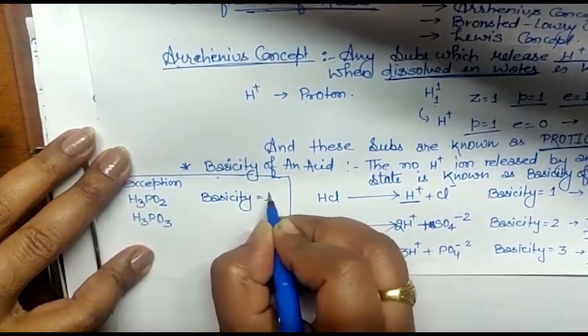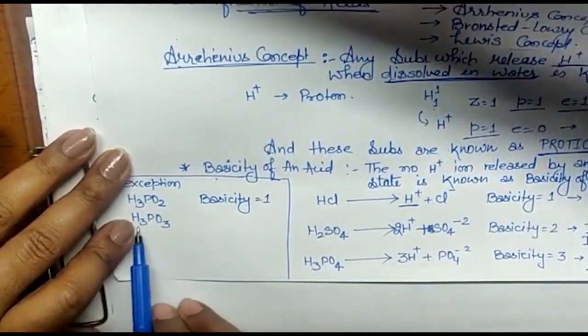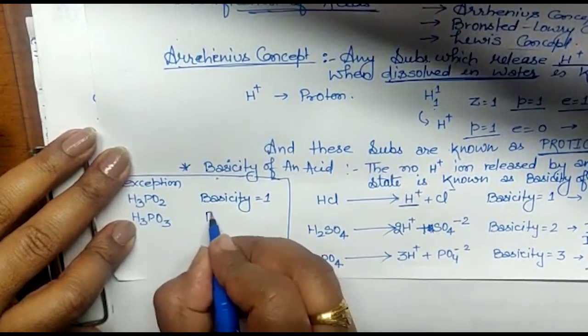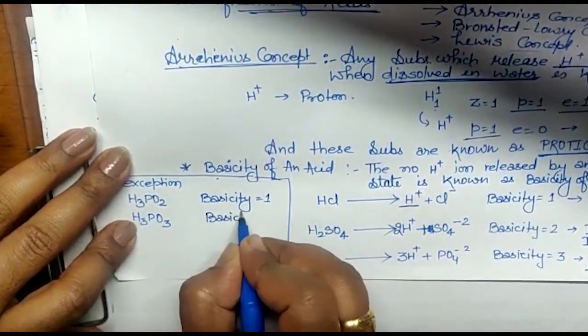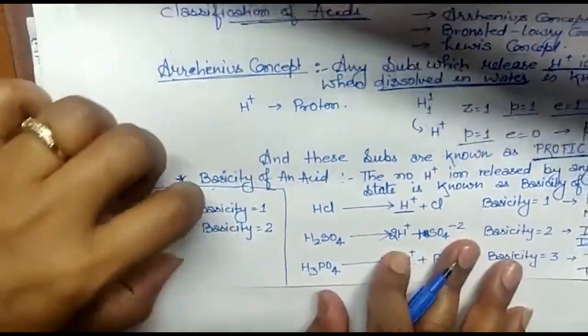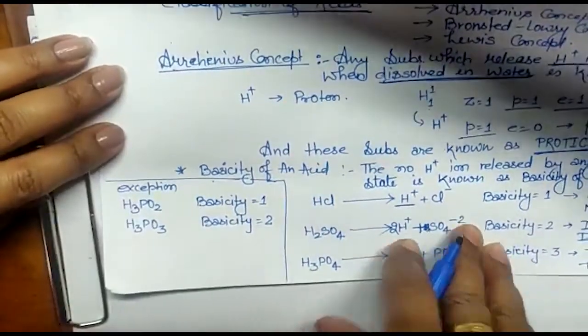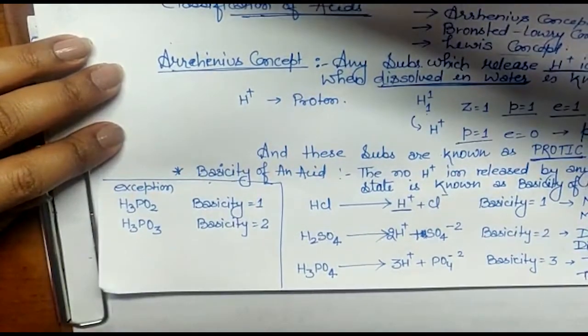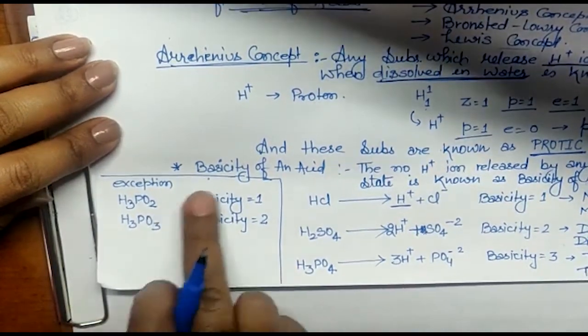Basicity is only 1, and this is having 3 H, but this also is not 3, it is 2 only. Got it? So this will be explained on the basis of their structure. It will be a little deep here, so that's why I am leaving this topic.